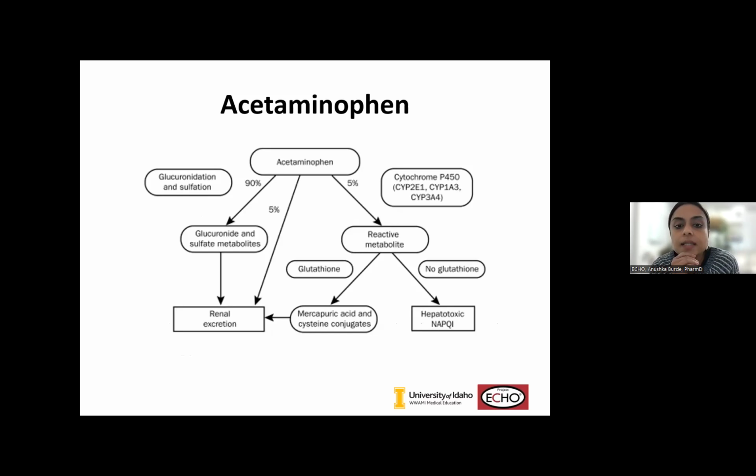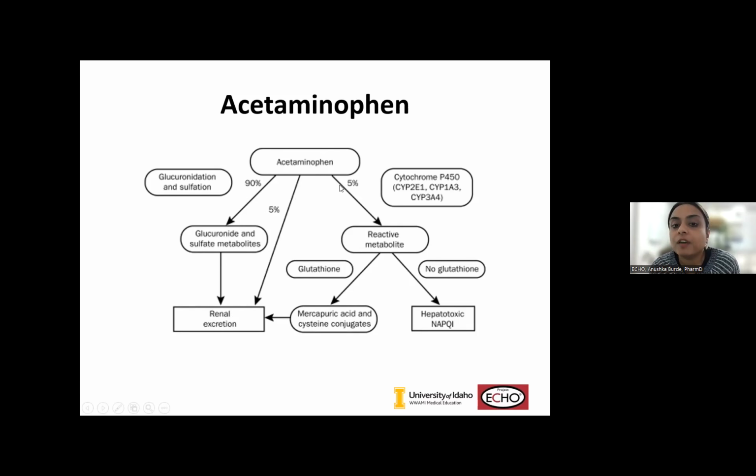So I think this flow chart is important because it walks you through the metabolism of acetaminophen. Ninety percent of acetaminophen is broken down via the phase 2 reaction, if you remember. There is addition of glucuronic acid and sulfates, and it is made into a water-soluble product and then excreted via the kidney.